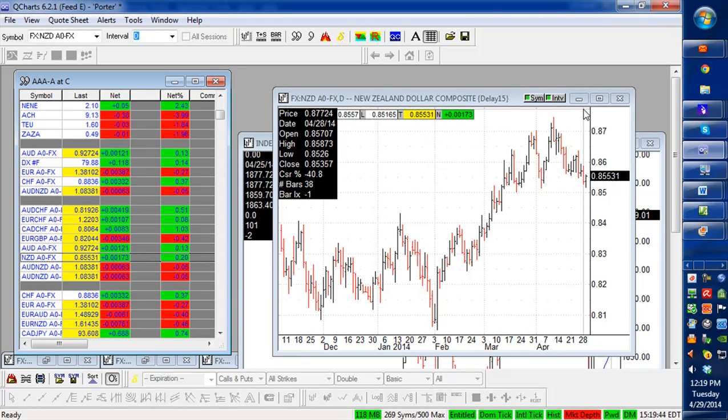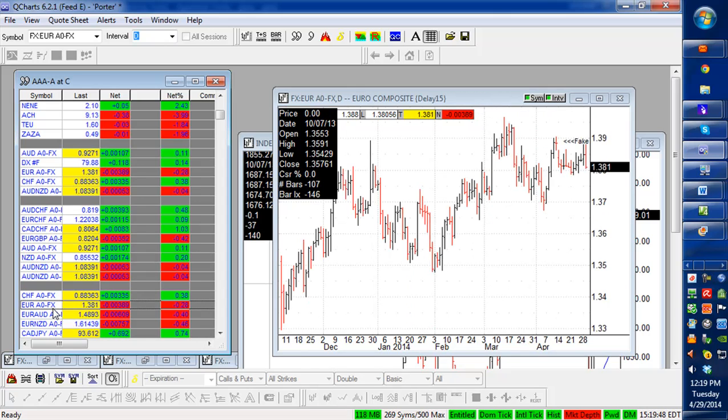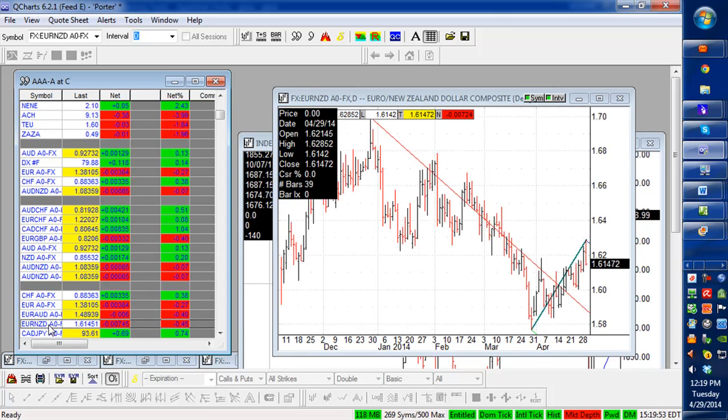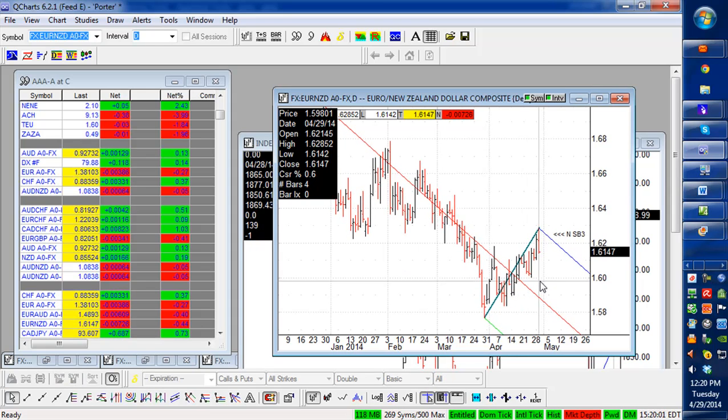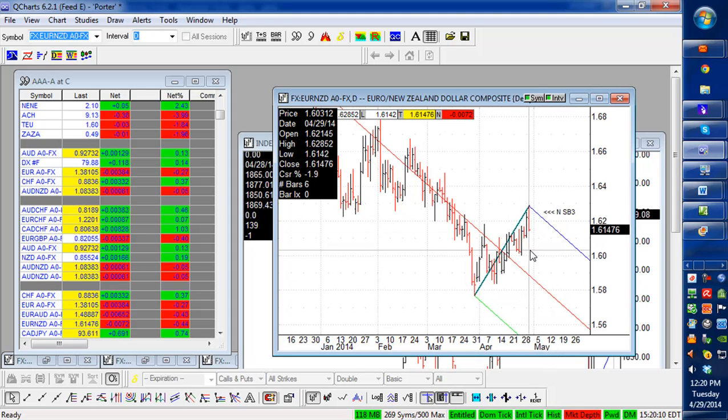I would prefer that one. And I have a sell in the euro, and that one already had a sell the other day, and then I've got another one here, EUR NZD. Actually, rather than going long the New Zealand dollar, I can go short EUR NZD. That would be my preferred combination.